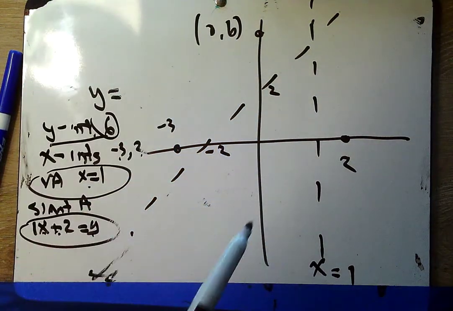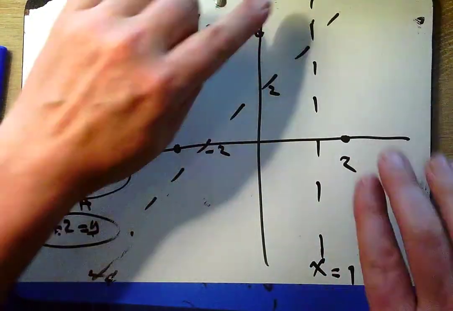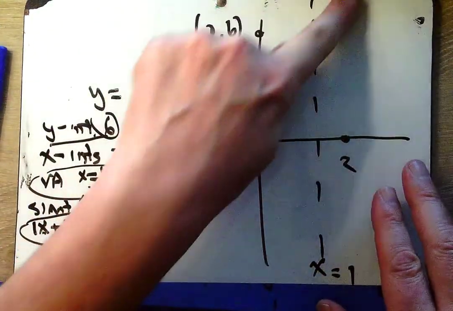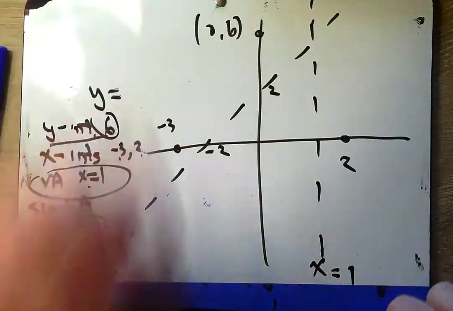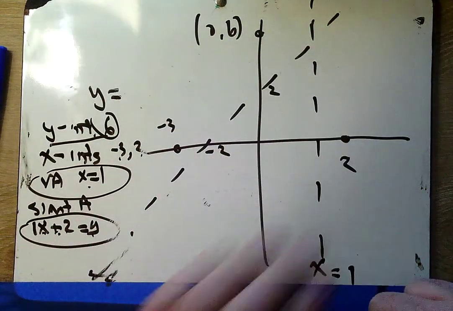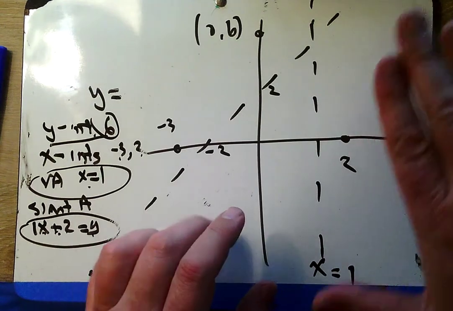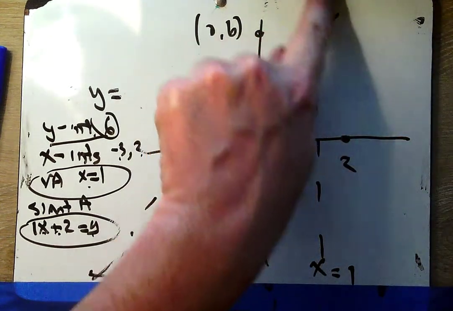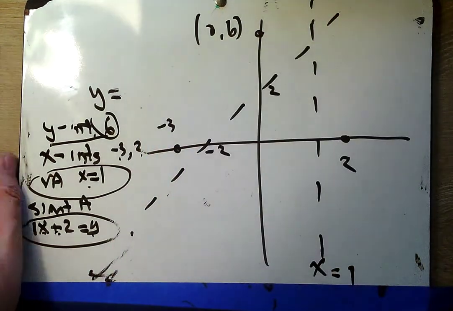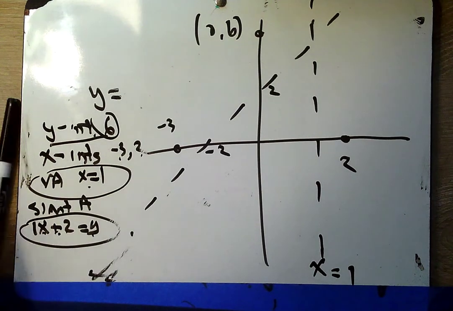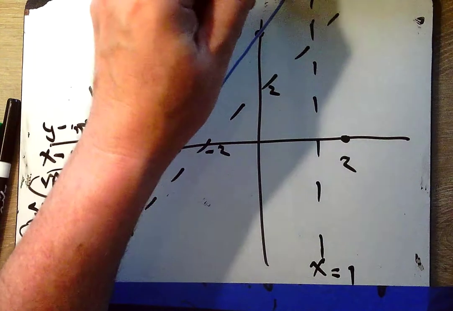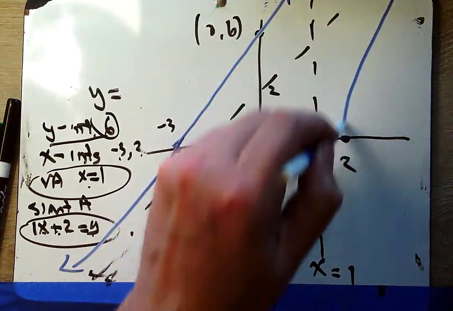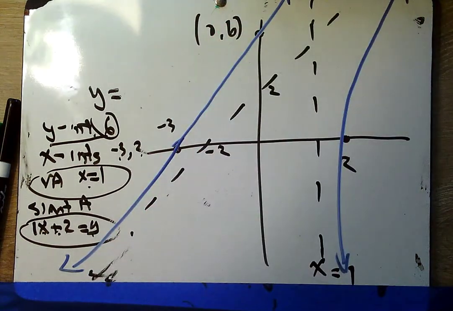Now, I remember there's something on either side of this, and over here on the left side, I'm either going to be above the slant asymptote, or I'm going to be below the slant asymptote. Likewise, on this side, I'm either going to be below the slant asymptote or above the slant asymptote. So what do we have? Well, we have to connect these dots and bend to those asymptotes. It almost looks straight, but it isn't. And bend to the asymptotes.